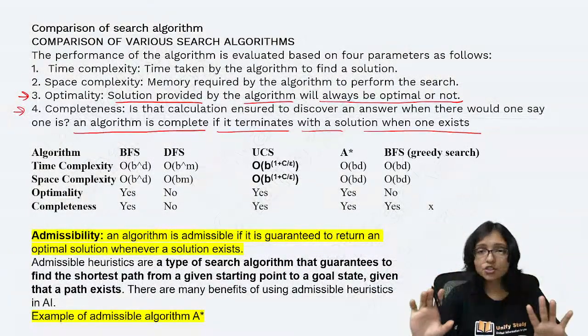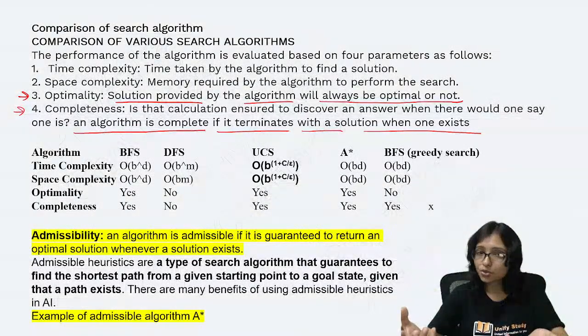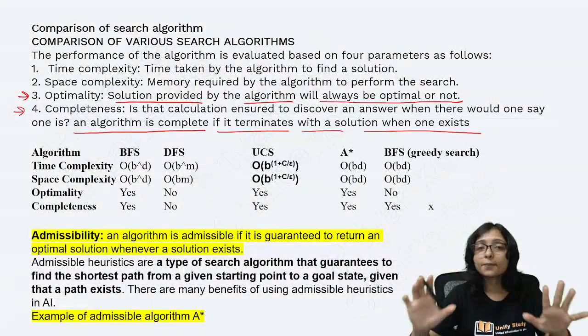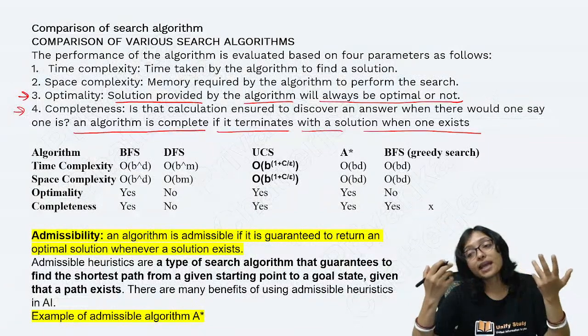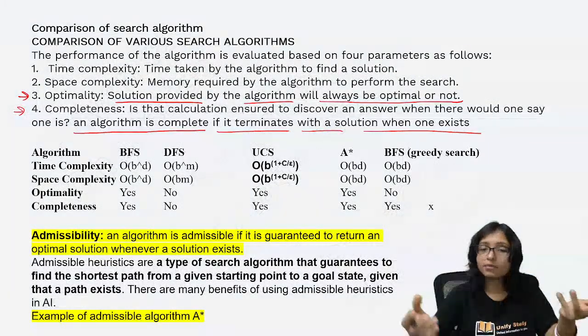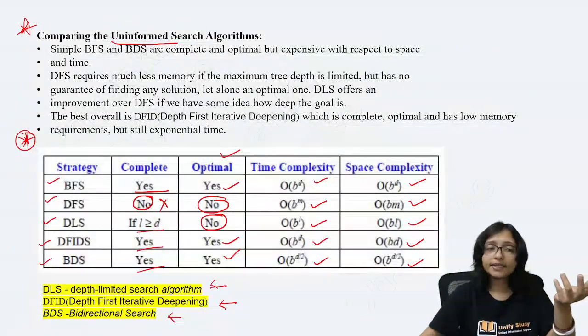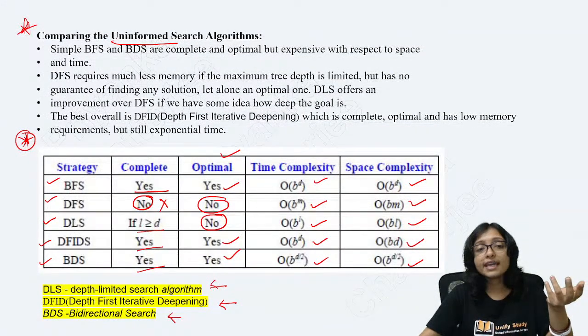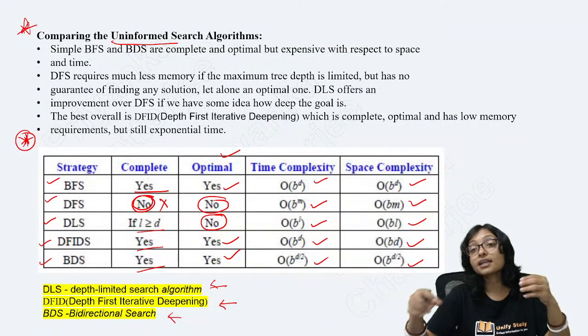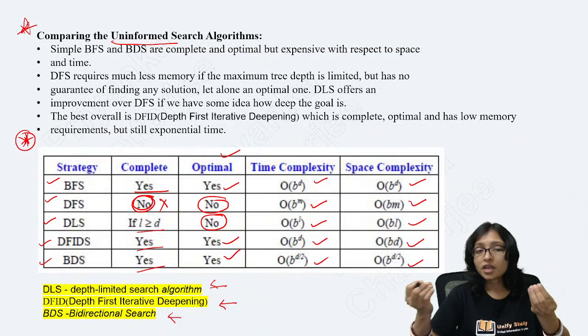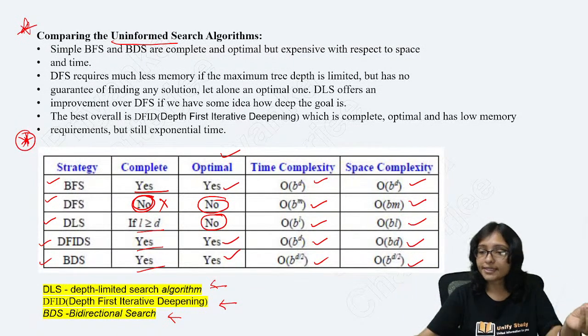If there exists a solution, it provides you a solution; that's why it is called complete. Otherwise, if sometimes it is not giving you a solution, it is not complete. That's why DFS sometimes cannot give you the solution, so it is not complete.